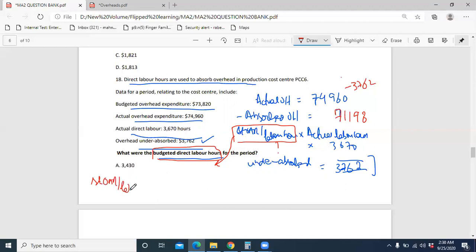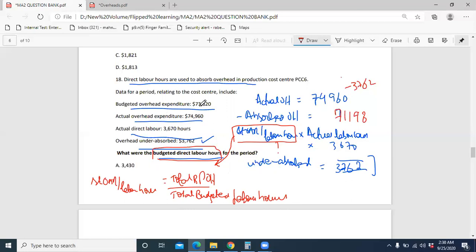So just write a specific formula, right? Standard OAR per labor hour is total budgeted production overhead divided by total budgeted labor hours.